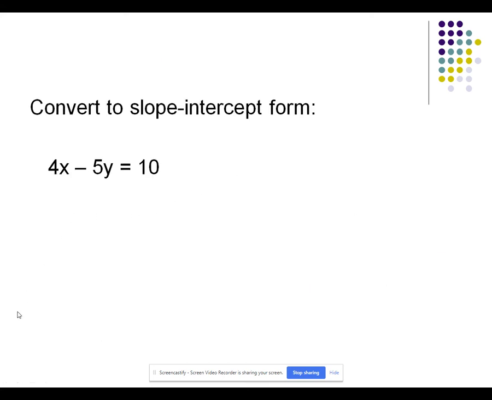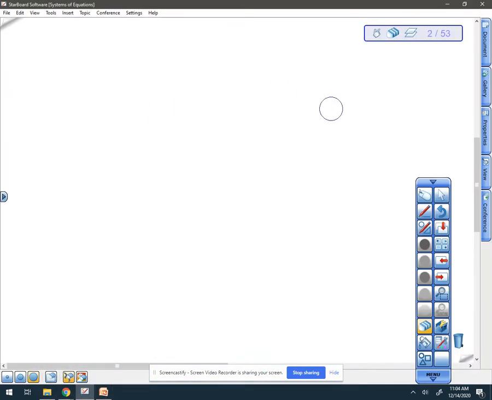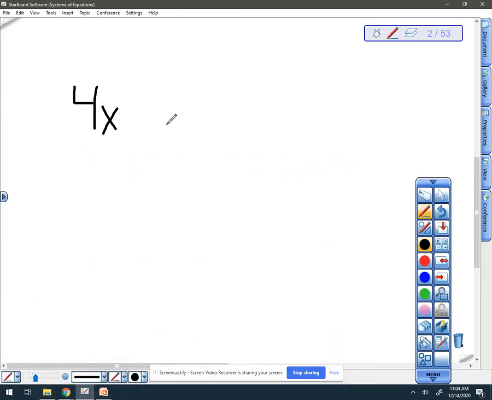All right. So what do I need to do? I've got to move the x term. So, well, let's go ahead and pull it up here. 4x minus 5y equals 10.